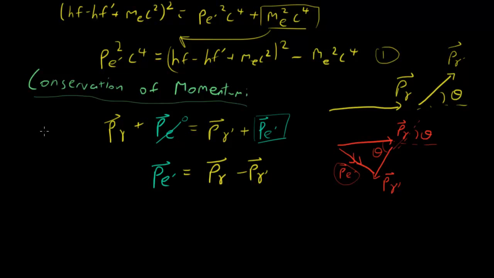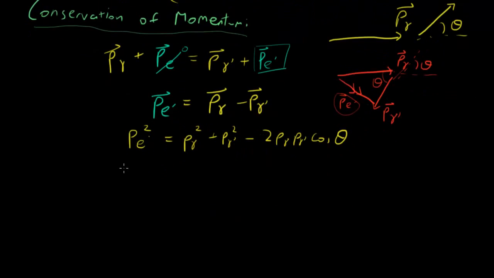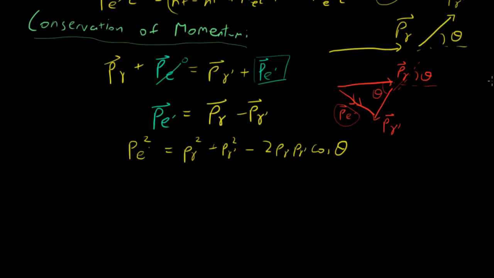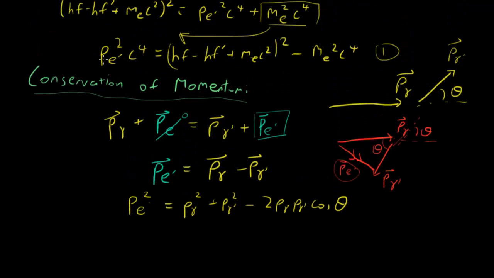The cosine law is: p e squared equals p gamma squared plus p gamma prime squared minus 2 p gamma p gamma prime cos theta. This is the cosine law. And we can see that this variable is almost close to the variable right here, so we're almost there.